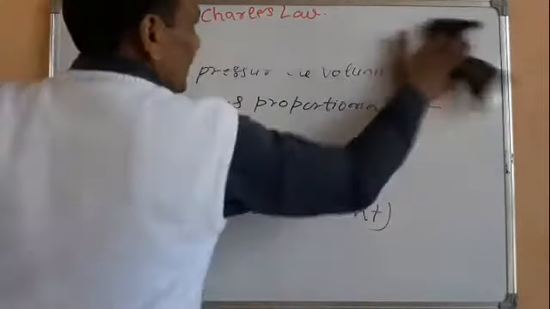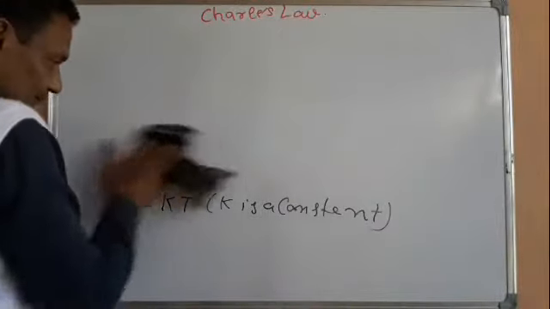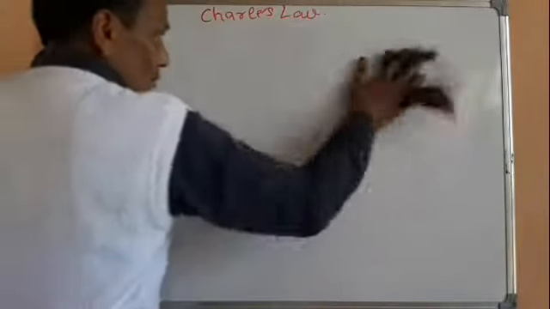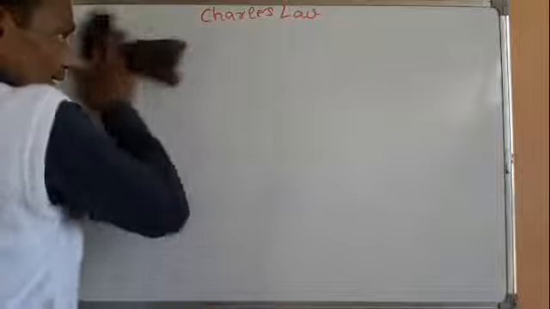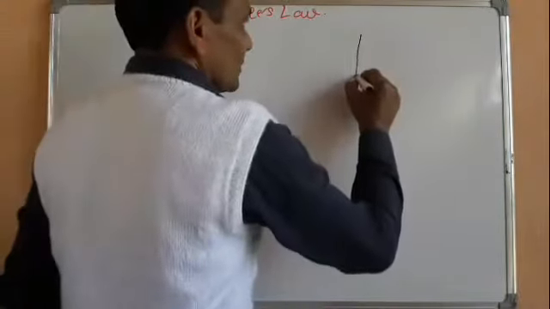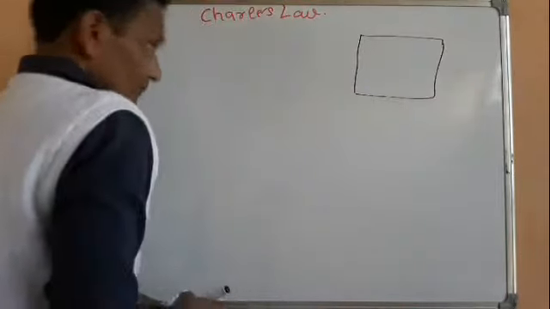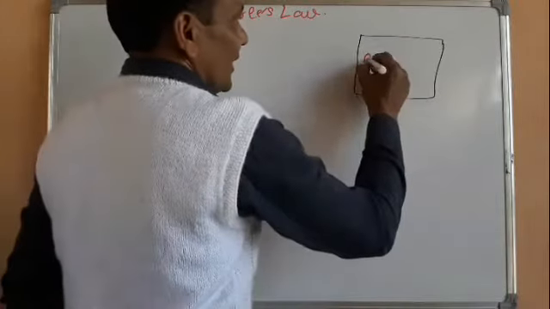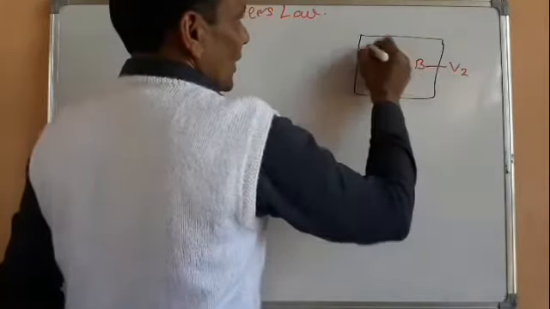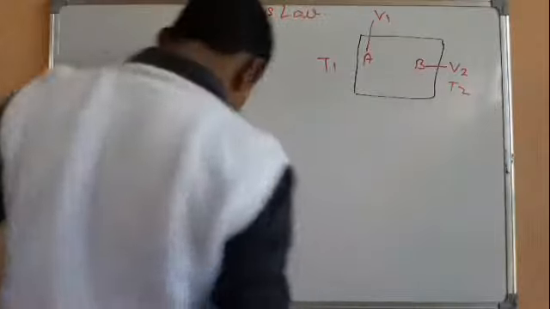So students, if two different gases are taken in a container to apply the Charles law, and the relationship between the two gases, take a container, A gas and B gas.